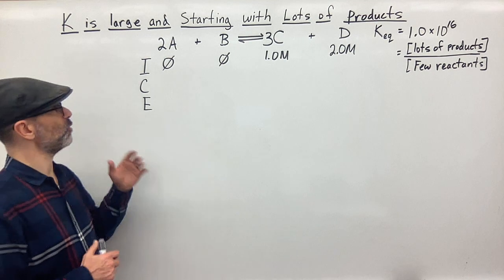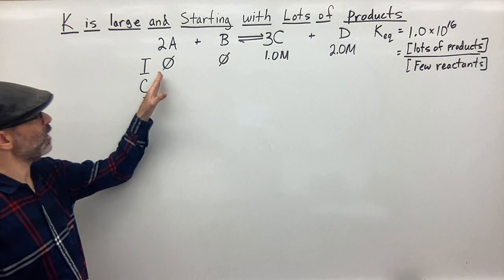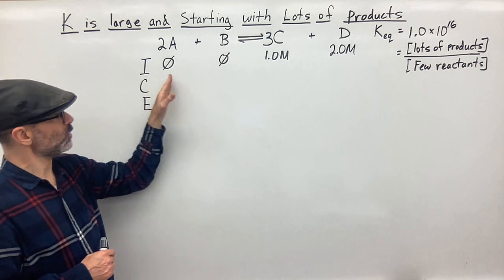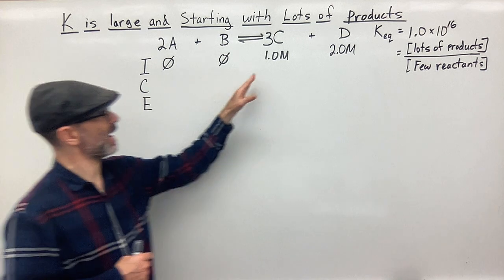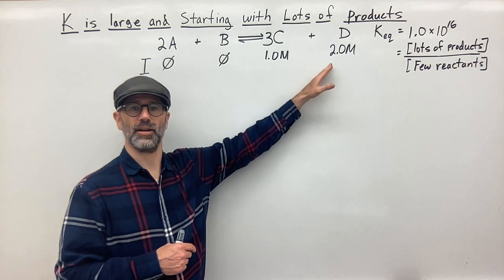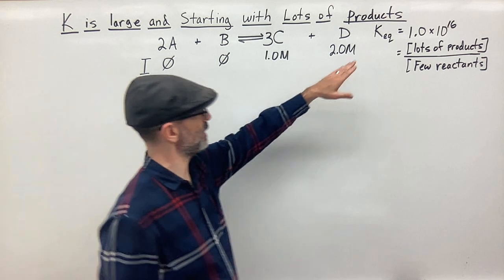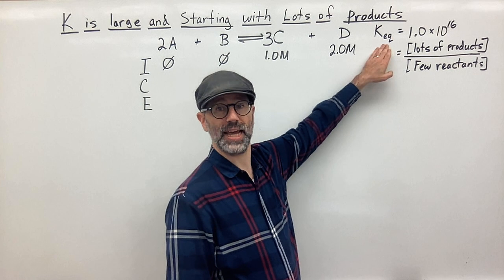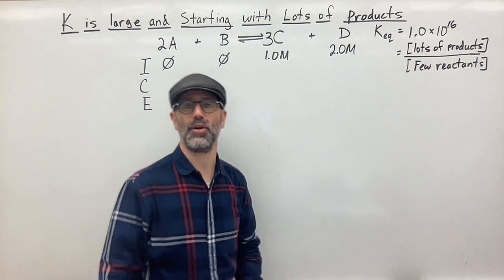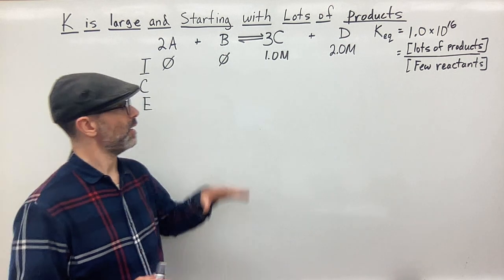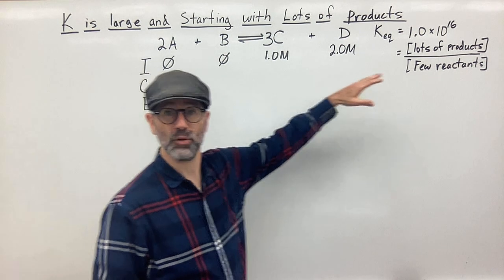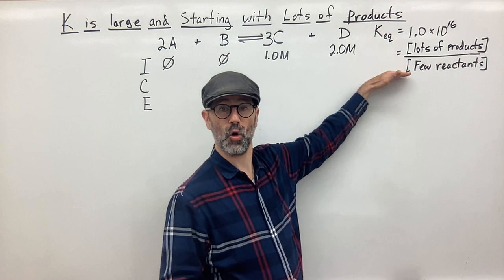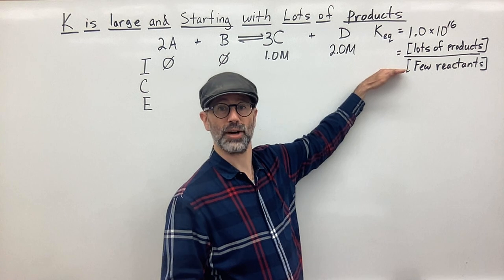In this example, I have very little reactant, in this case, zero reactant. So I'm starting out with zero reactant and a certain amount of products. The other thing to pay attention to is your K value. In this case, the KEQ value for this reaction is very, very large, which means that we have a certain amount of products over a certain amount of reactants.